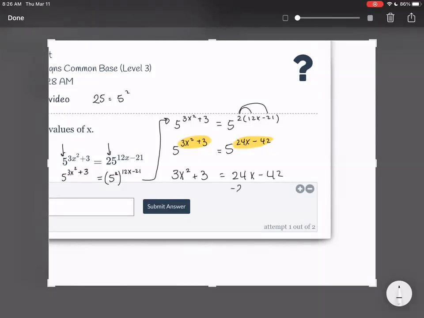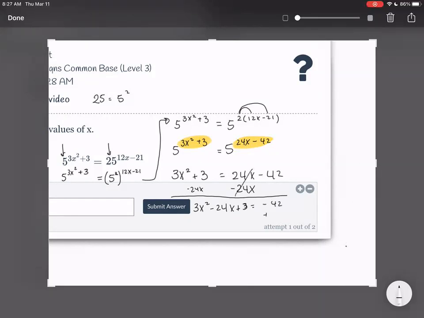So I'm going to minus the 24x, minus 24x. Okay, so 3x squared minus 24x plus 3. Sorry, I know I kind of shifted it, but I didn't want to write over the submit answer button. And that is equal to -42.